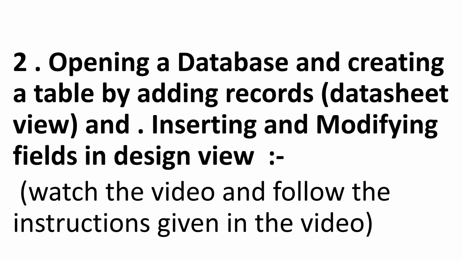Now we will see how to open the database that we have already created in the past and how to create a table inside it by adding the required records. Also we will see how to insert and modify the new fields in that table. Fine. So let us move ahead.